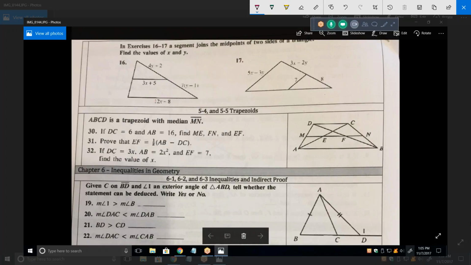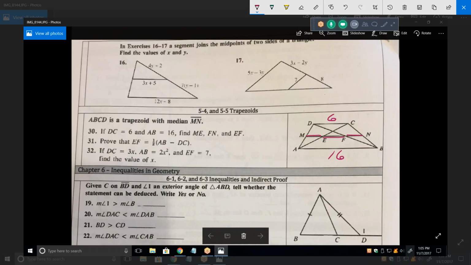Okay. All right, number 30. We went from 17 to 30, is that right? Yeah, it is. Okay, no problem. So DC is 6. AB is 16. Find ME, FN, and EF.